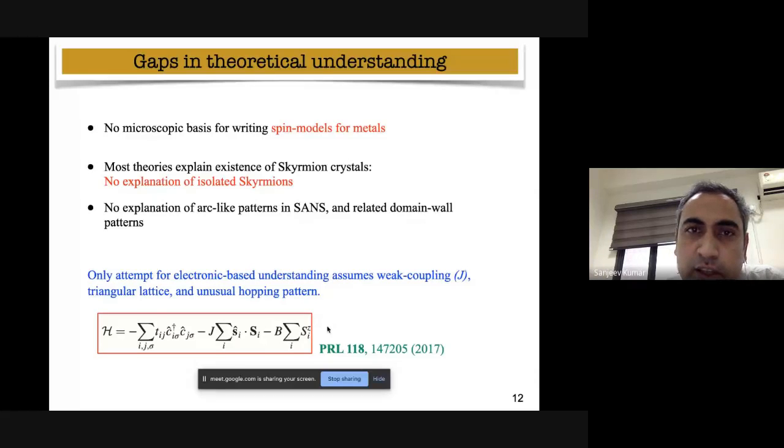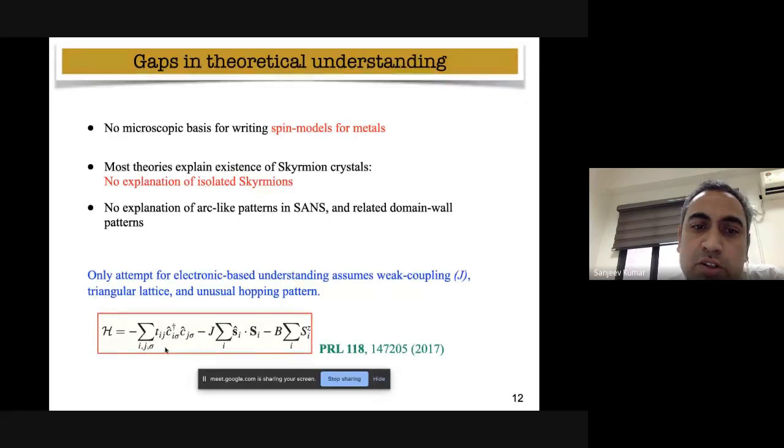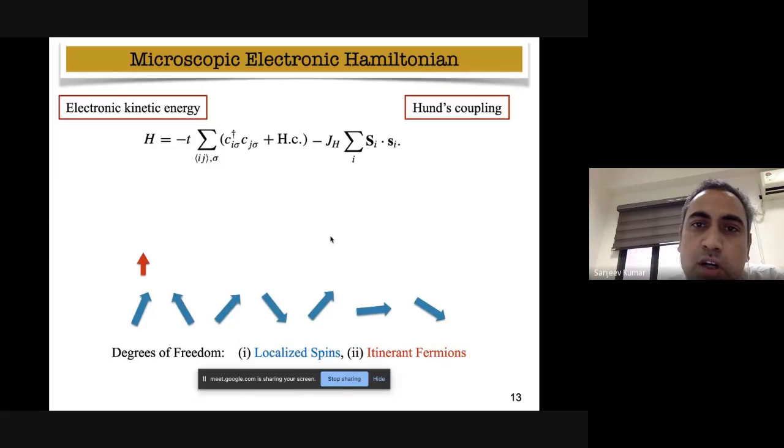So given this status of the understanding, we start discussing from here onwards what we are trying to do. Let's hope that I can keep it again to an understandable level. Let's begin with the simple model, which is also written down by these other authors: you have a kinetic energy or a hopping term for electrons and a local coupling to a magnetic moment of the conduction electron.